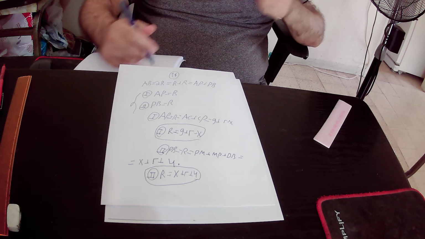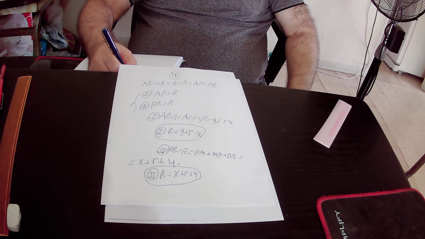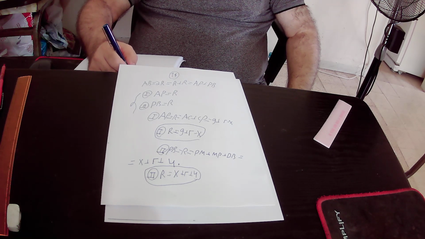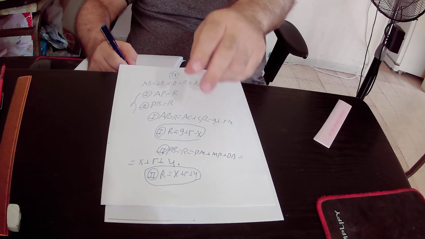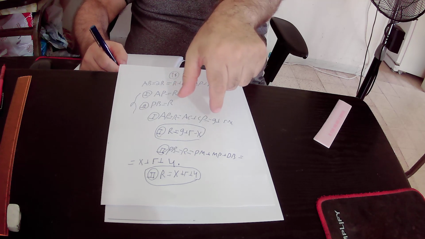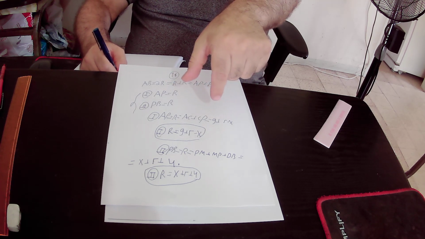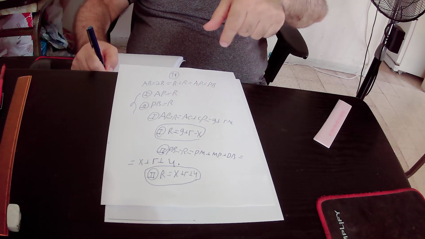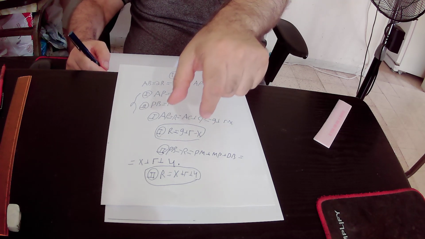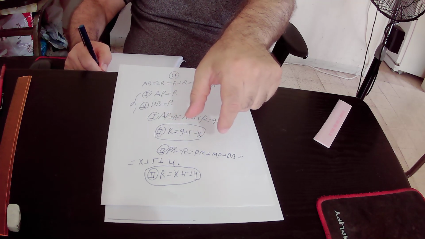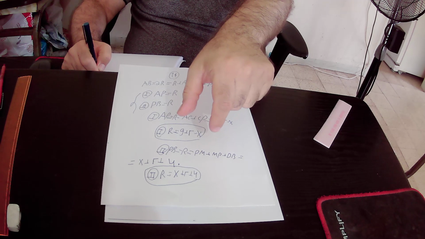Okay, so actually equation number 3 states that capital R equals capital R, and capital R according to equation number 1, that is 9 plus small r minus x, equals capital R according to equation number 2, that is x plus small r plus 4.